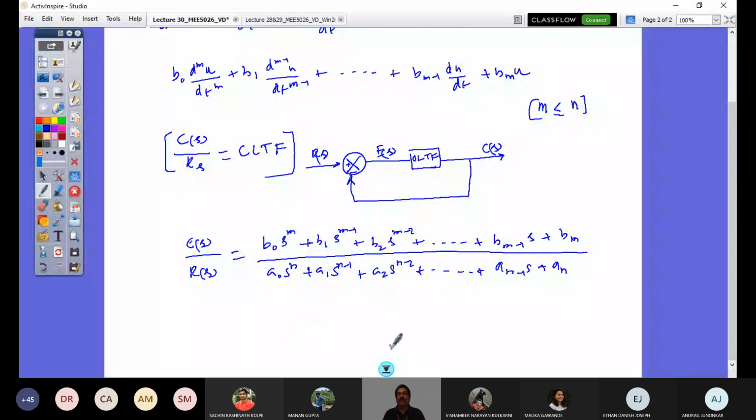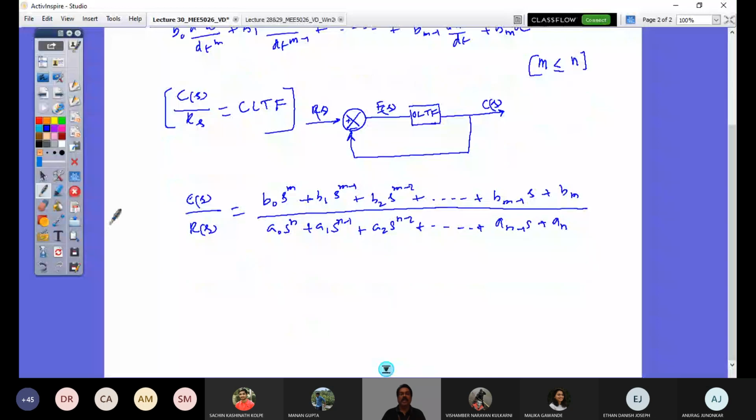So if you look at a second order system, for example a mechanical vibrating system, what is the equation that we have? A second order ordinary differential equation: m x double dot plus c x dot plus k x equals e of t, which is again a function of time.